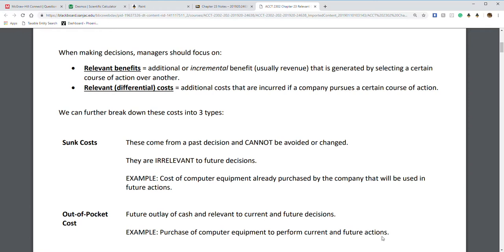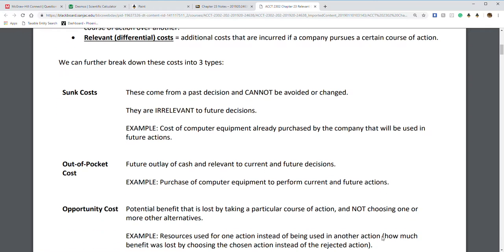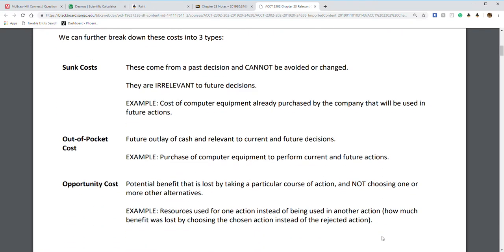We can further break this down into 3 types of costs that we've kind of heard about. One is known as sunk cost. These costs come from the past, and cannot be avoided or changed. They're irrelevant to our future decisions, meaning they have no consequences to what we're about to do because it's already happened.